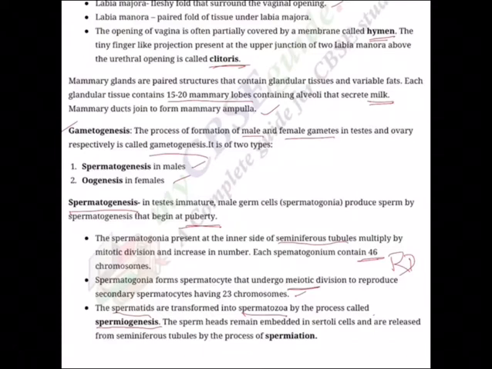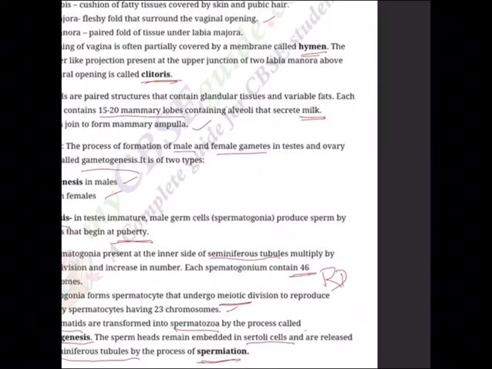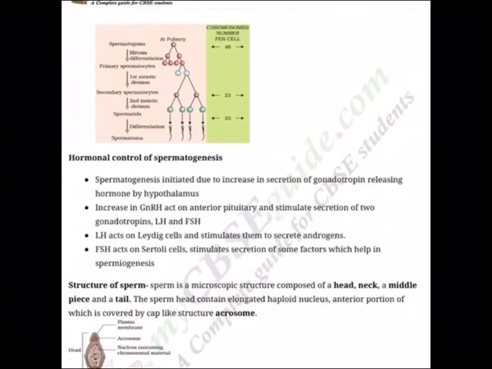The sperm heads remain embedded in Sertoli cells and are released from the seminiferous tubules by the process called spermiation. So there are three: spermatogenesis, spermiogenesis, and spermiation. Remember that.